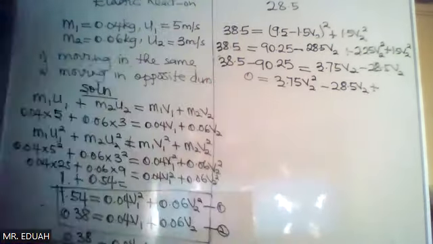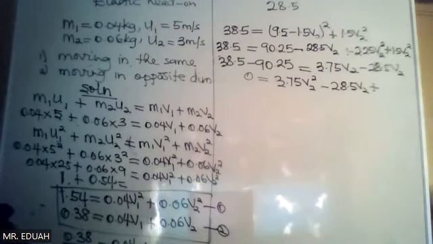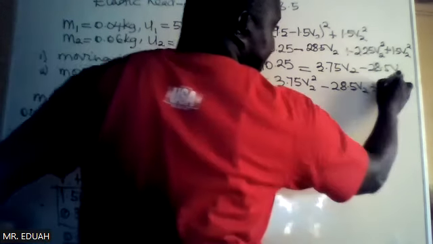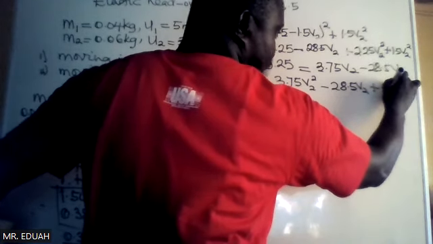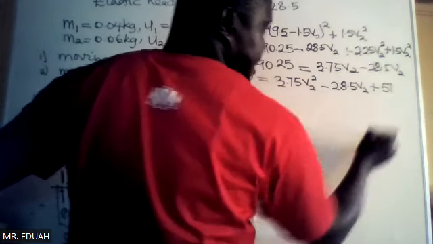And that is plus what? 38.5 minus 90.25. What did we get for that? 51.75.